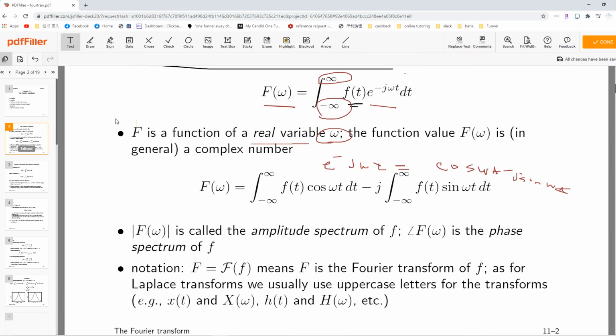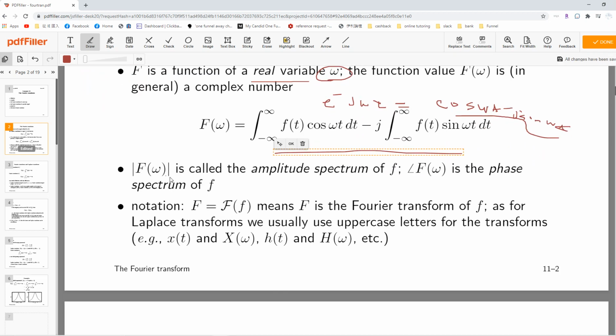So you just use this formula to replace the exponential minus j omega t with cosine minus j sine. And then you just do it, and you get it, right?